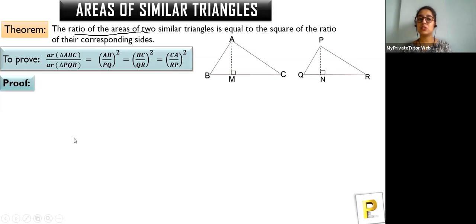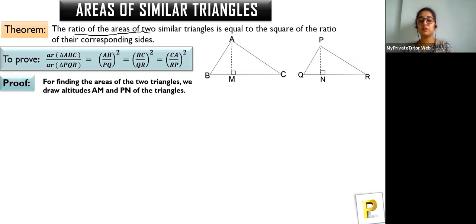So next let's look at the proof part. We have triangle ABC and triangle PQR. First, for finding the areas of the two triangles, we draw altitudes AM and PN. What are altitudes? Altitudes are the heights. As I just told you, we need the height and the base.